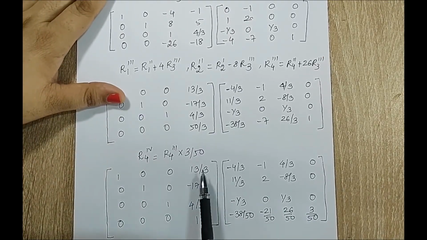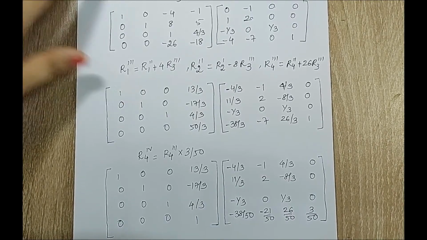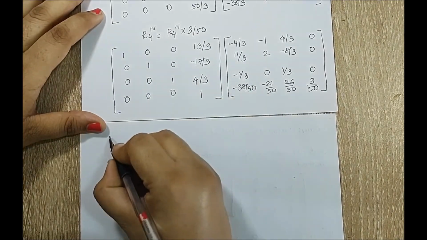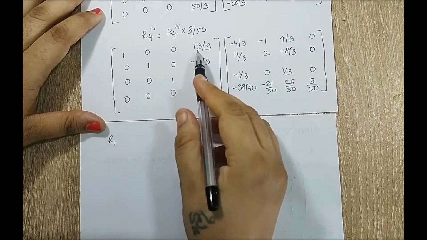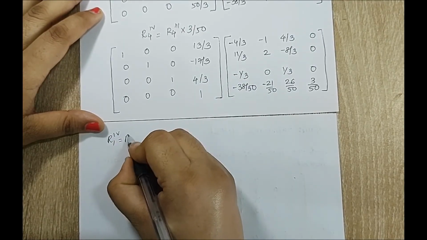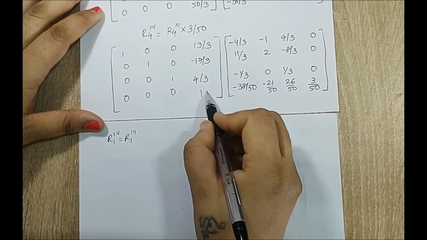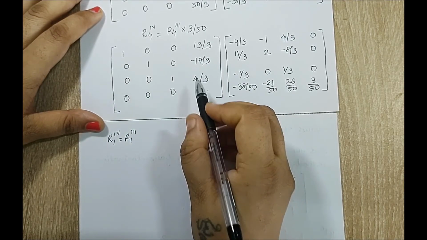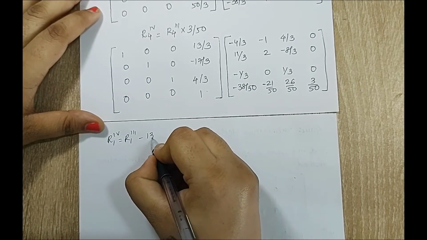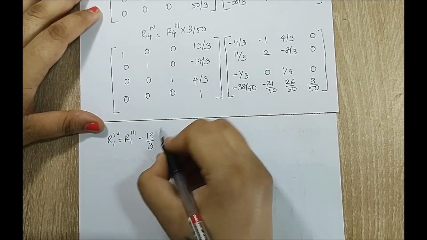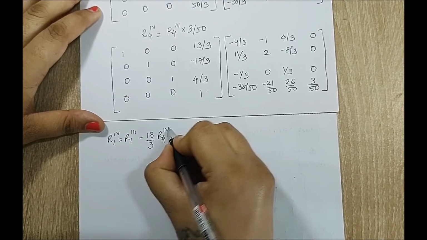Next, I am going to convert these values as 0. So my operation will be R1 4 dash will be R1 triple dash. I have to operate with respect to this value which I have just found. So it will be minus 13 by 3 into R4 4 dash.